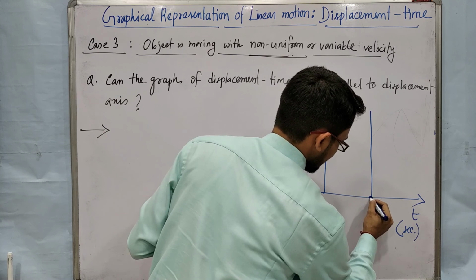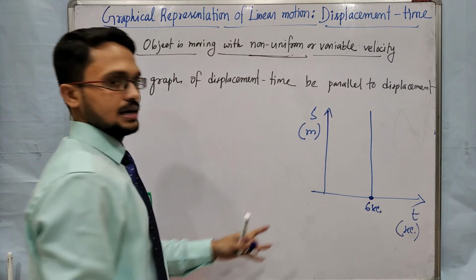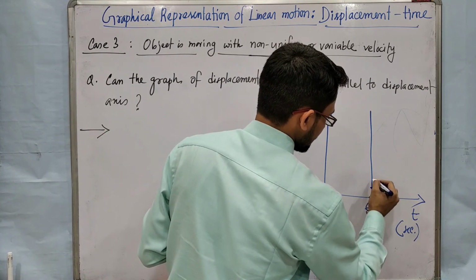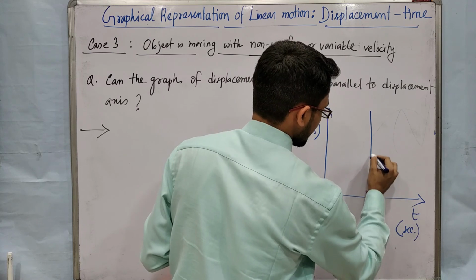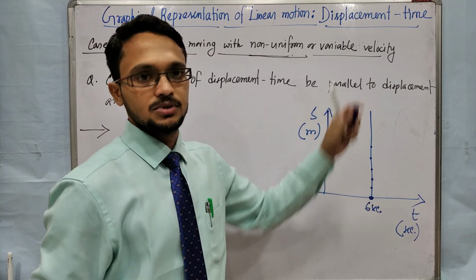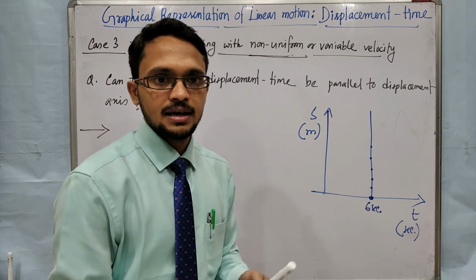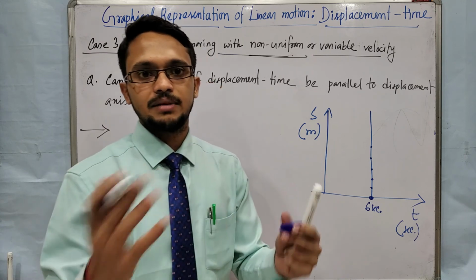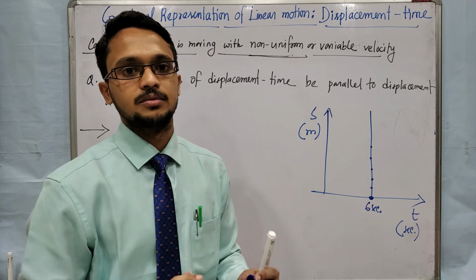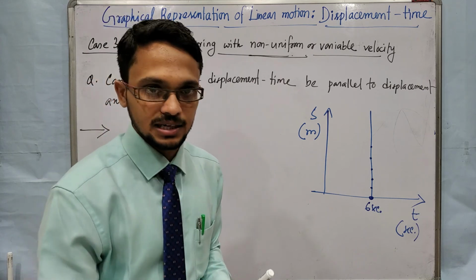So this is a particular time. Suppose it is 6 seconds. At a particular time, the object is here, here, at many positions. Is it possible? At a particular time, you are in your room, at your school, and in the market. Is it possible? No, it is never possible. At a particular time, the object can be at only one particular position.